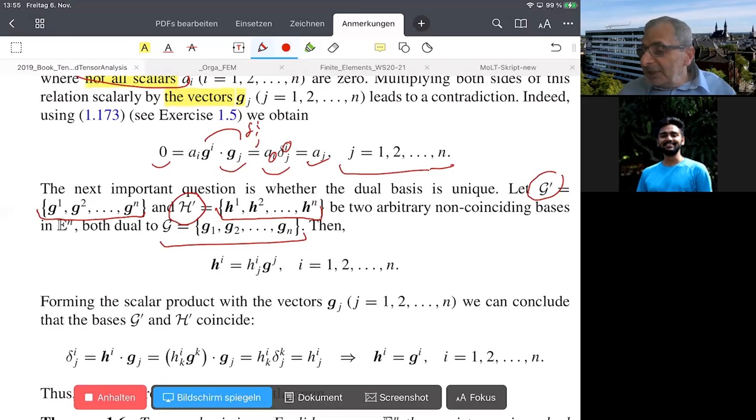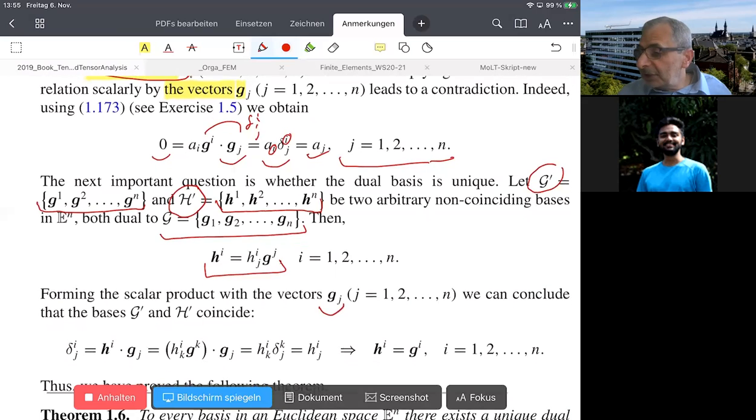Very easy. So again, I express one of these dual bases, in quotation marks, in terms of another one by means of some coefficients h, because all of them are bases, and we can express any basis as a combination of another one. And then again, we use the same trick. We form scalar products of this equation here.